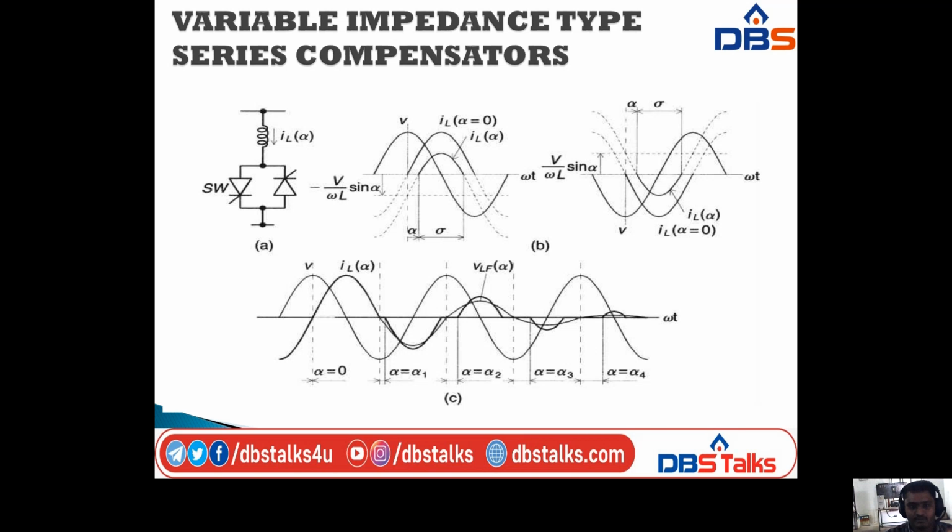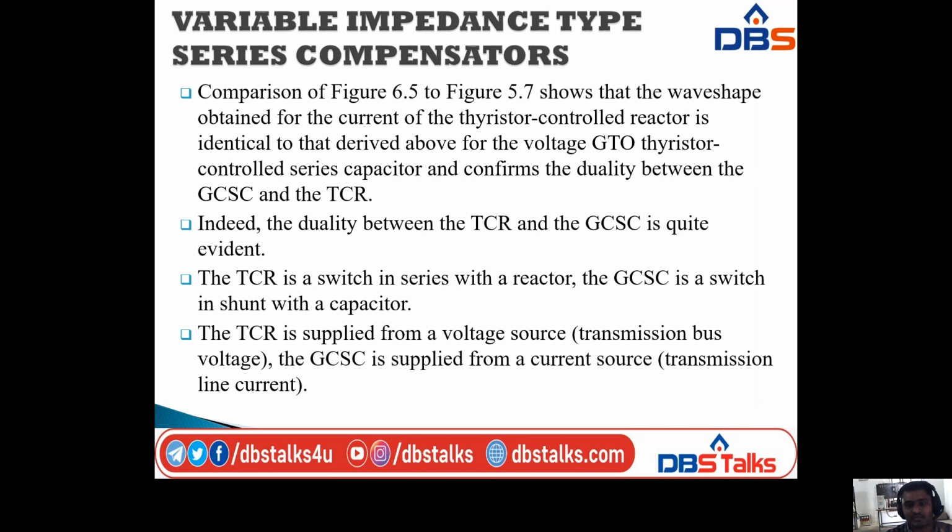Comparison of these two diagrams shows that the wave shape obtained for the current of the thyristor controlled reactor, that is TCR, is identical to that derived above for the voltage of the GTO thyristor controlled series capacitor, that is GCSC, and confirms the duality between the GCSC and TCR.